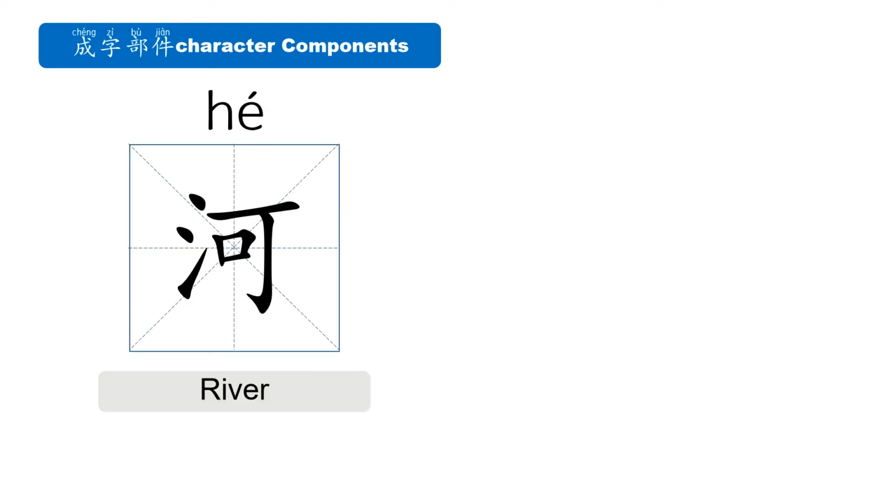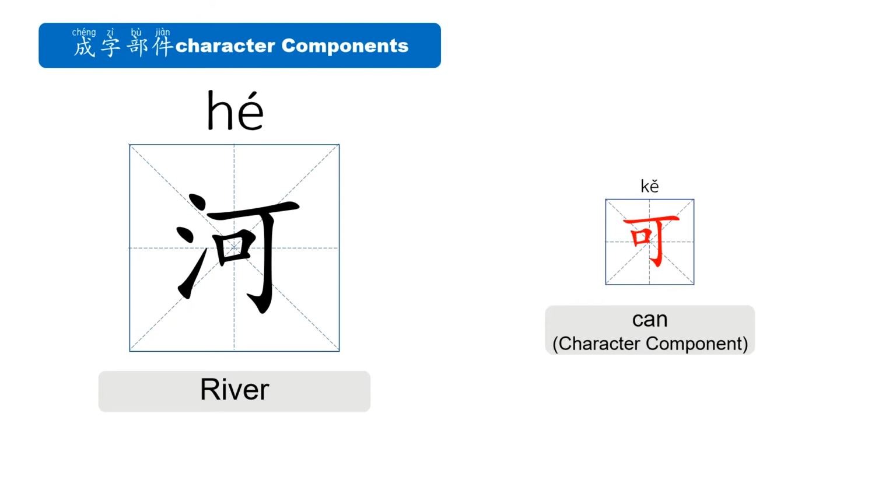The ones that can be used as independent characters are called 成字部件, character component, which literally means complete character component. For example, in the character 河, which means river, its right part 可 is a character component because it can be used as an independent character. The character 可 means can.